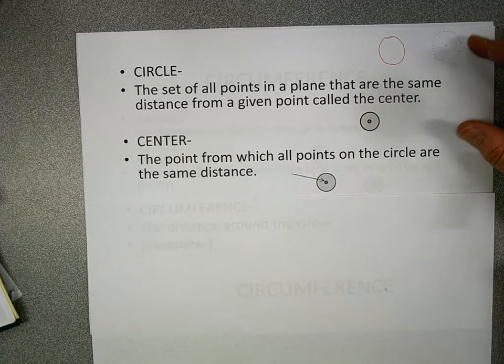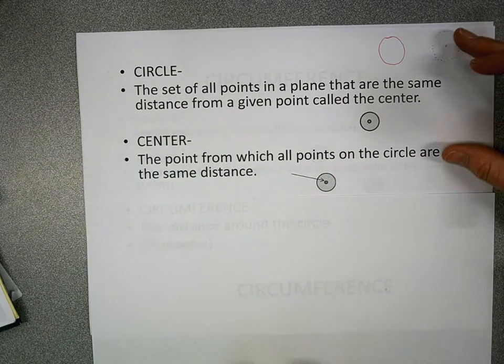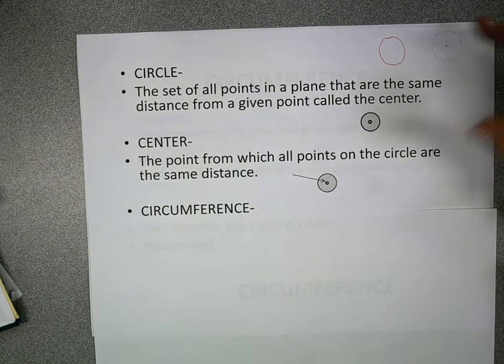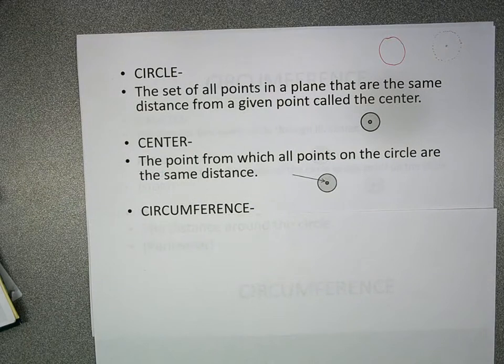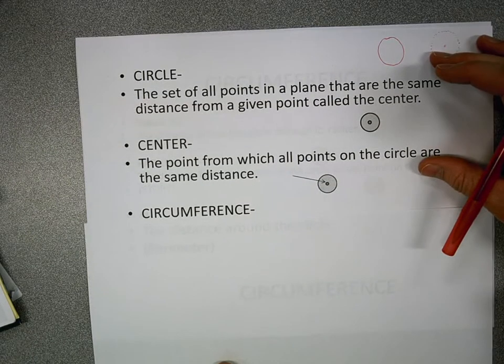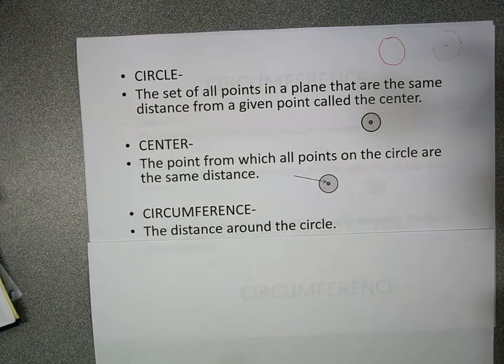Okay, and our next word is circumference. Everyone? Let's try that one more time. Circumference, everyone? This obviously is the whole idea of our lesson today, right? It's what our lesson is called. This is the distance around the circle. The distance around the circle.